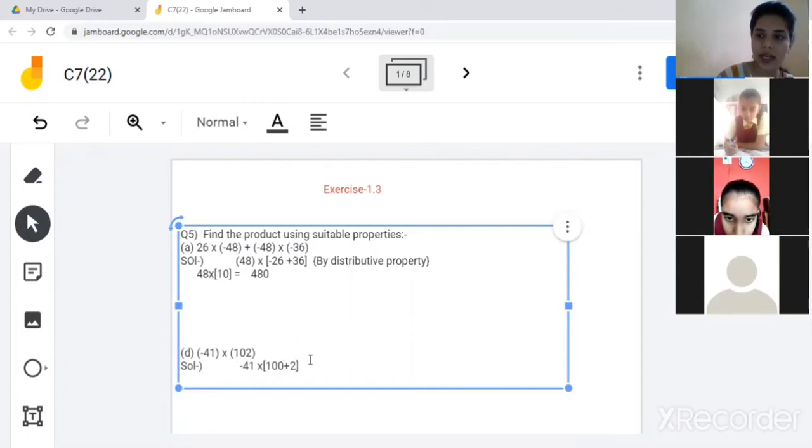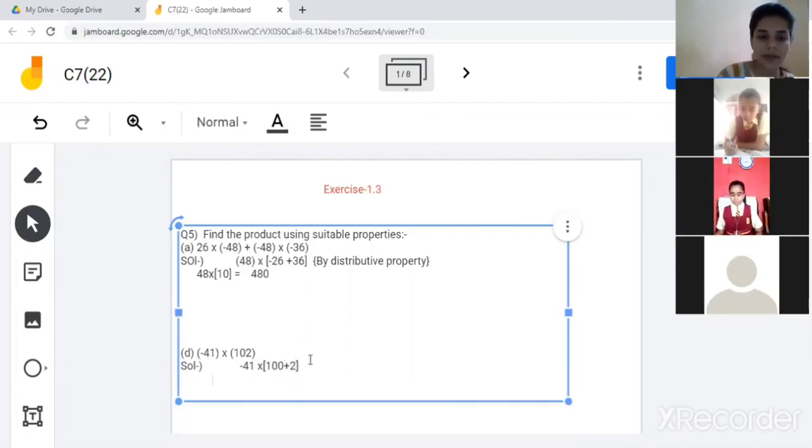Again, minus 41 written outside can be multiplied inside the bracket also. And this property is nothing but distributive. Minus 41 multiplied by 100 plus minus 41 multiplied by 2.